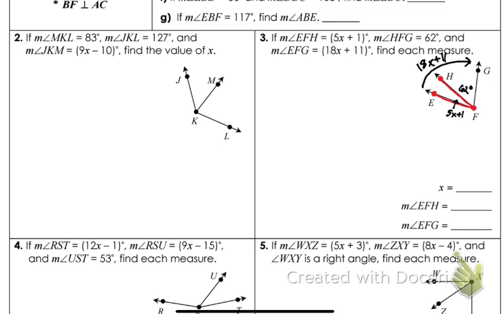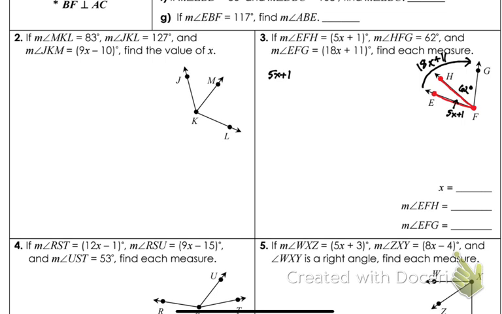Now, when you have an angle glued to another angle, that is an angle plus another angle equals the total angle. So we have EFH. That is 5x plus 1, plus the other angle that's glued to it.